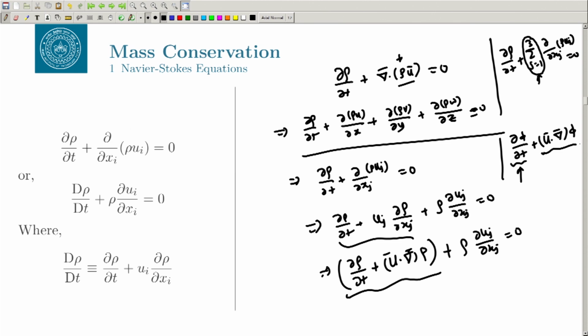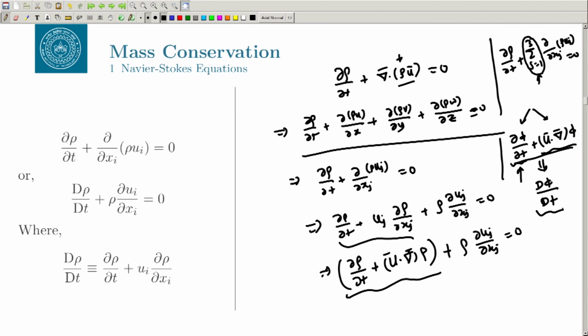So, this goes back to the discussion that we had regarding the system and the control volume. If you are in the control volume, you will have these two parts. The flux or the advection is happening separately due to some motion, some velocity, and you have the time rate of change. But if you are in the system, this entire thing will come into one part, which is basically d phi by dt, right.